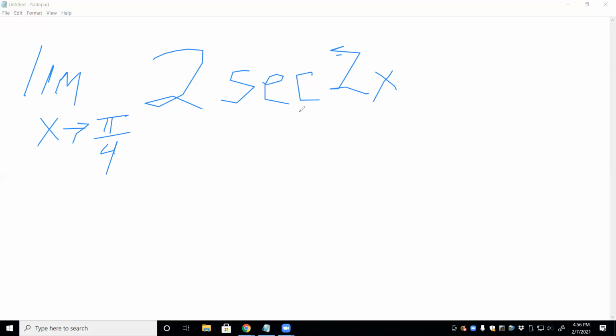Which means the secant of 2x is going to be the secant of pi over 2. Secant is the reciprocal of cosine. The cosine of pi over 2 is 0. So the reciprocal of 0 would be 0 in the denominator, undefined. The cosine of pi over 2 equals 0, you said?